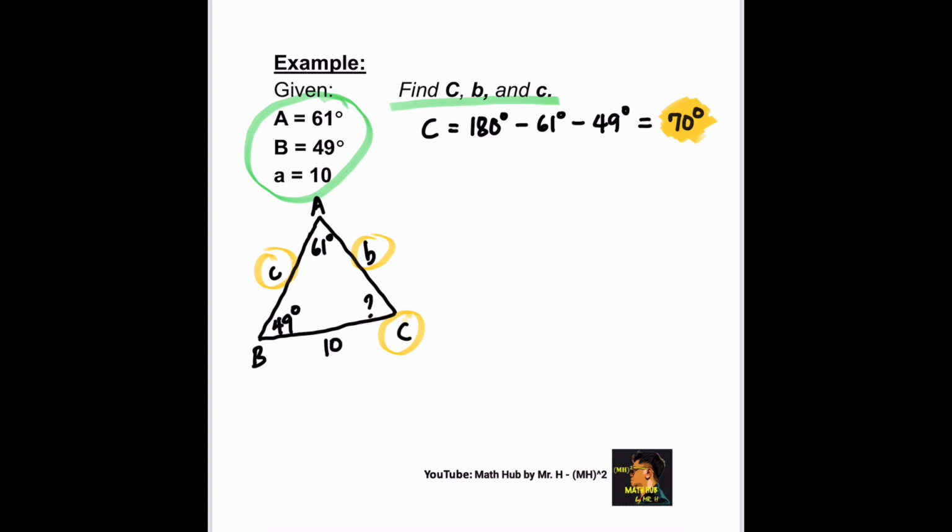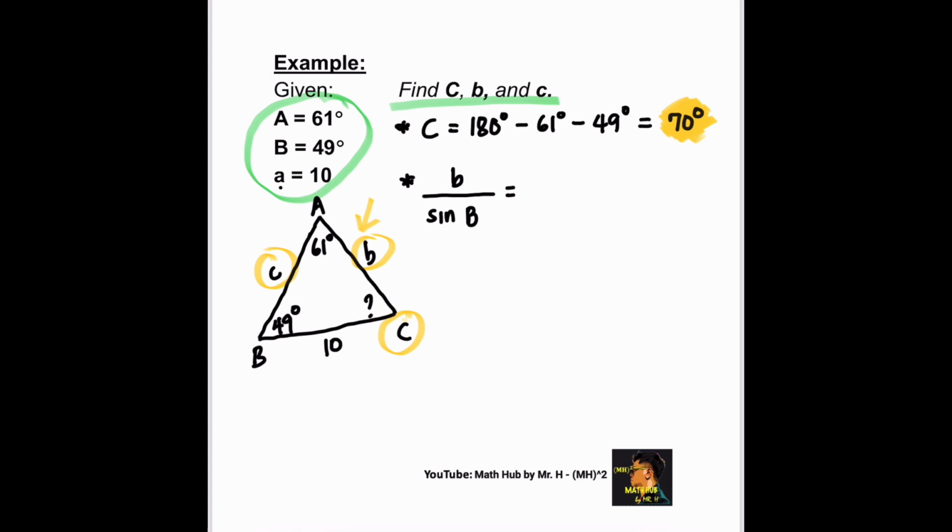The next thing we can find is b. To find the length of the side labeled b, we need to use this formula: b divided by sine B equals information about A, which is complete.